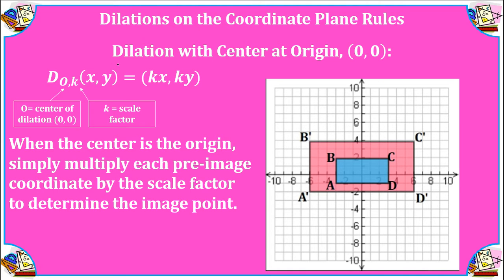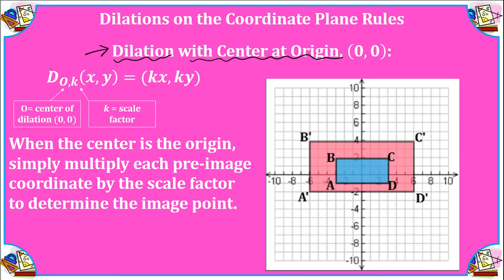So now let's talk about dilations where the center is at the origin. So here's a nice little subheading for your notes. When the dilation has a center at the origin, our rule is to simply multiply the coordinates of your pre-image by the scale factor to get your new image coordinates.